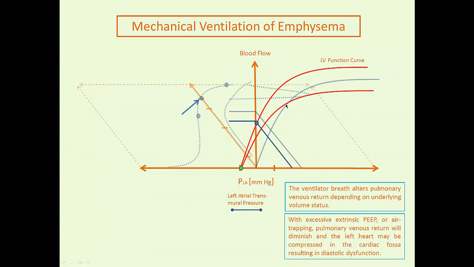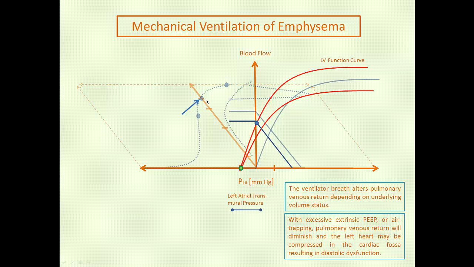And what I've illustrated here, it certainly can be contentious in terms of what the underlying physiology on the left ventricle would be. In this cartoon, because this is an exacerbation of emphysema, I'm trying to highlight the effects of right ventricular afterload and the compressive effects of the lungs on the LV cardiac function curve. As I mentioned, with an inspiration during mechanical ventilation, you may afterload the RV if the pulmonary vascular resistance is quite high.